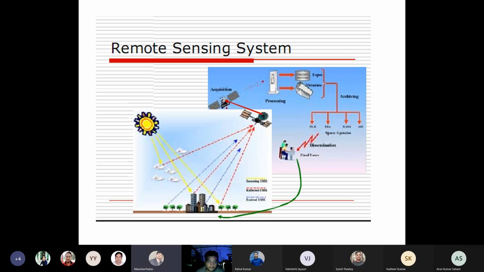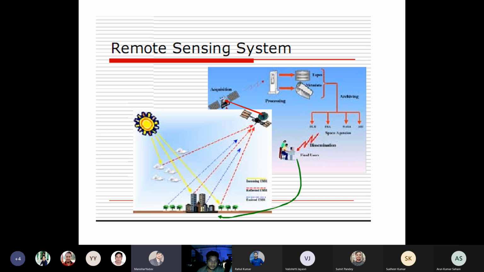Previously I told you that the total outgoing energy from a ground area element is constituted by the radiated as well as the reflected energy. In this case, the red lines indicate the reflected energy component, but the blue lines indicate the radiated component.